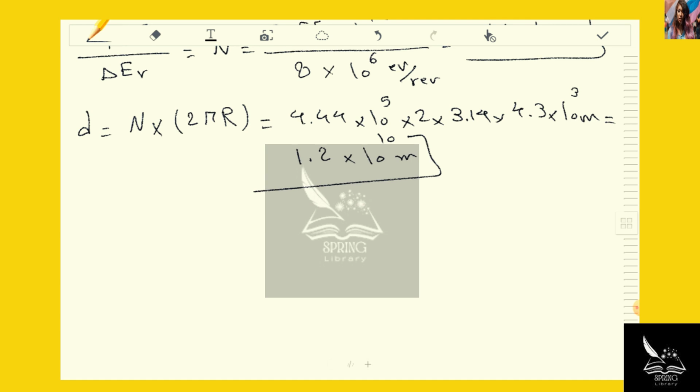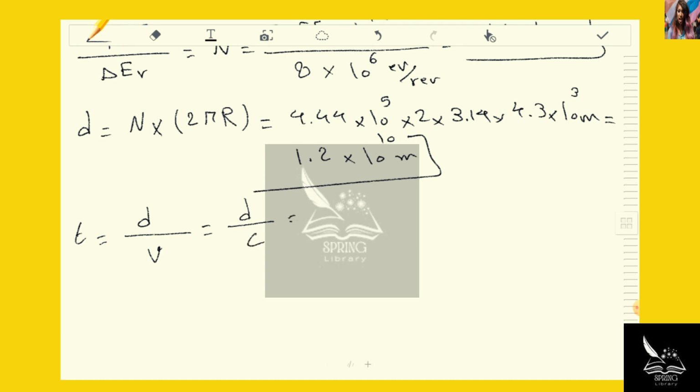In order to find out how much time does it take for a proton to travel this far, we need to divide the distance traveled by the velocity or the speed of the proton. So we know that the speed of the proton is essentially equal to the speed of light.